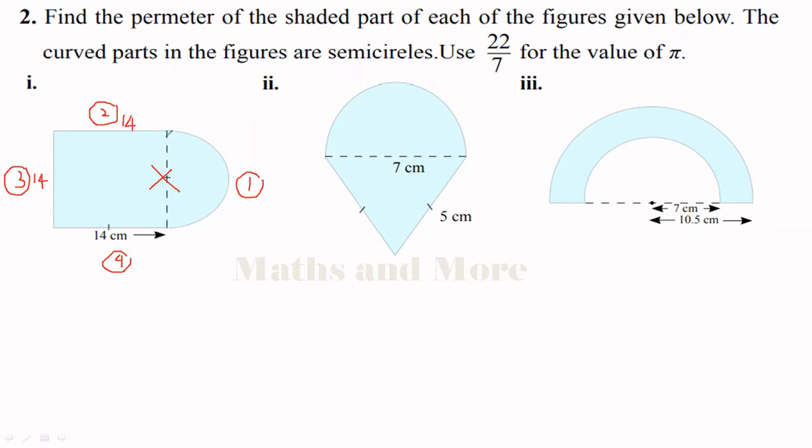This length means diameter. Diameter is 14 here. So let's get the arc length. D equals 14 centimeters.